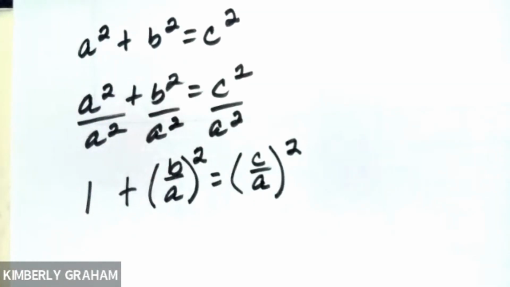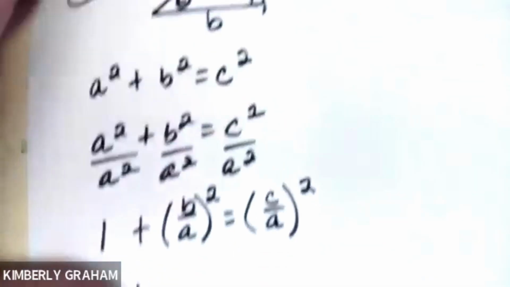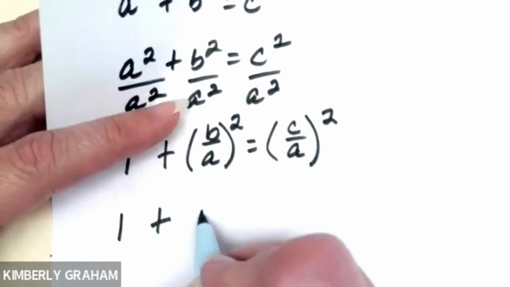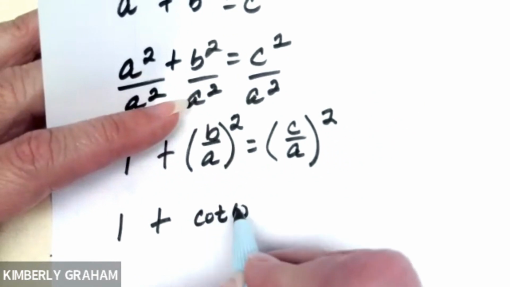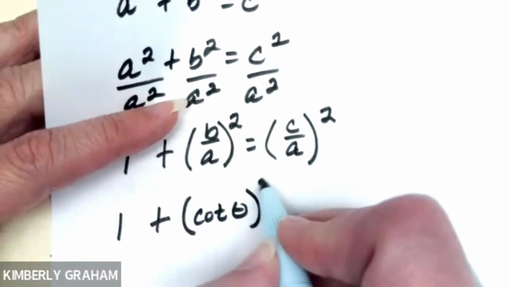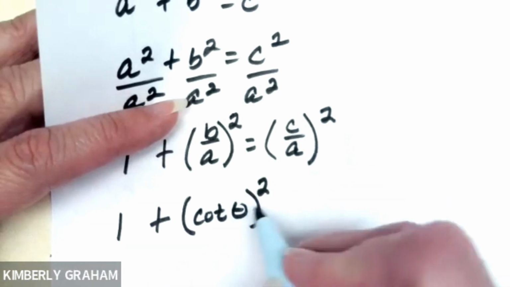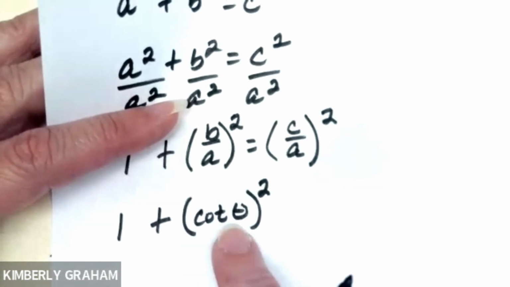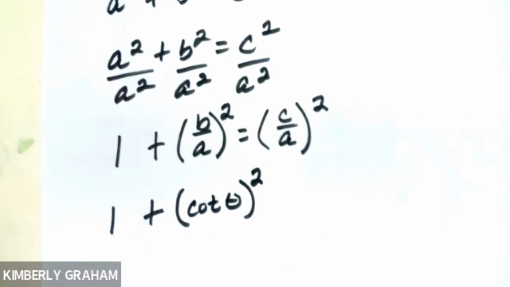I'm using my laws of exponents to rewrite that. So this is cotangent of theta squared. Be sure that that cotangent theta is in parentheses and the squared is outside your parentheses.